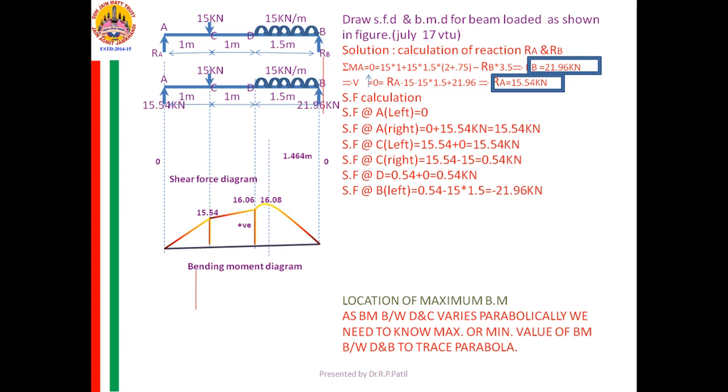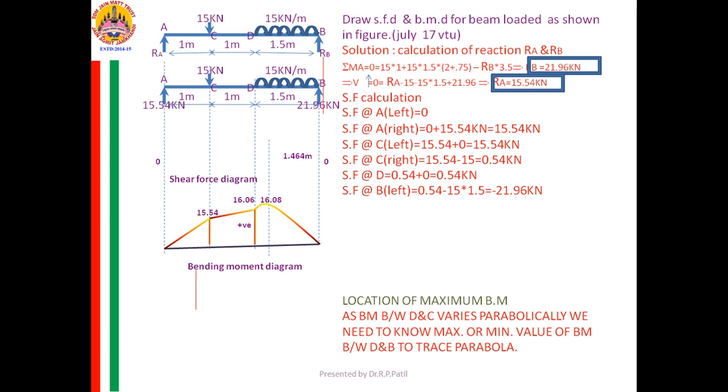Therefore, till the left of B, it is minus 21.96. And what is the new entry there? 21.96. Now see what it is doing.